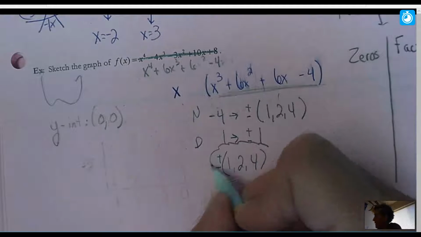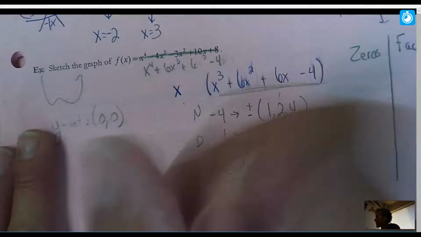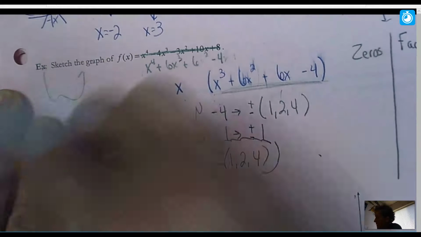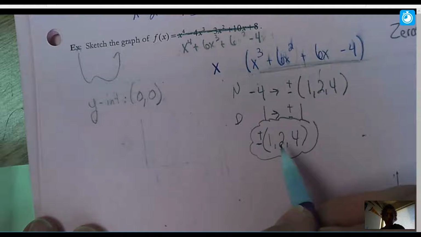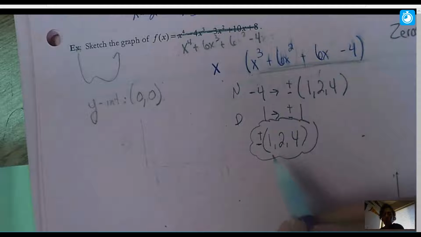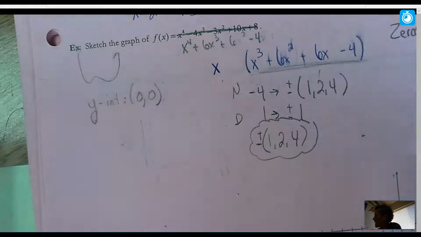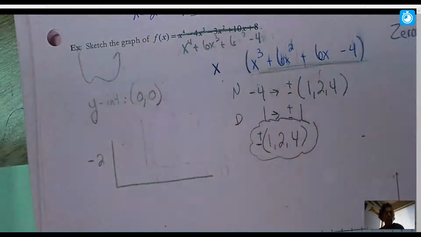So somewhere in this list is going to be a number that works. So what I've done, and maybe you can see it here, is I was just testing it out, but -2 is going to work, all right? You could always go to your calculator and just double check which one works so you don't have to test one and find one that works, but I'm going to tell you which one works. Okay?